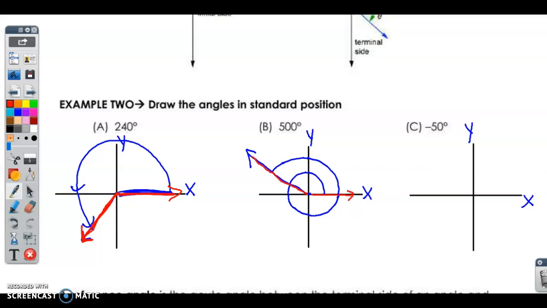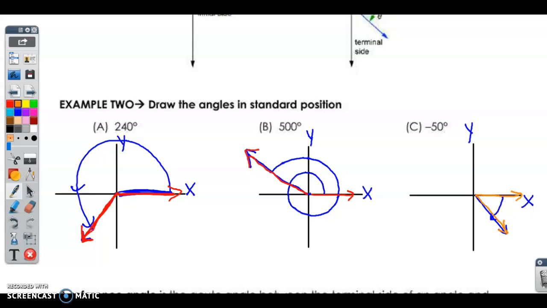The end would be right here. Now a negative angle is going to go the other direction, right? Negative 50 degrees. So it's going to go something like that. That doesn't look exactly like 50 degrees to me, but it is what it is.